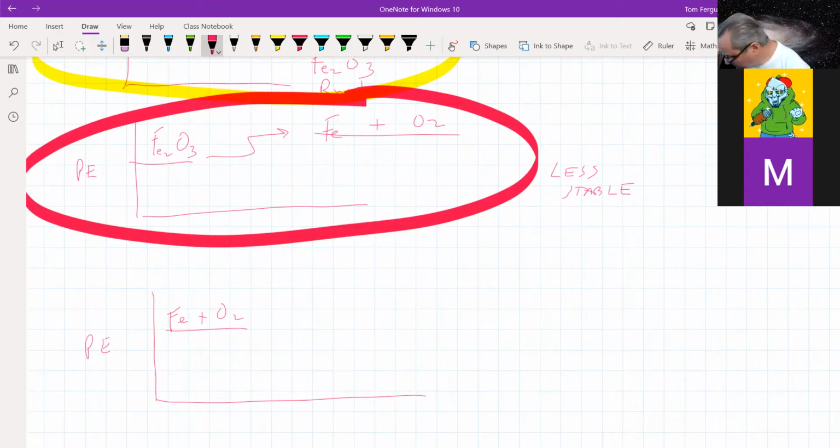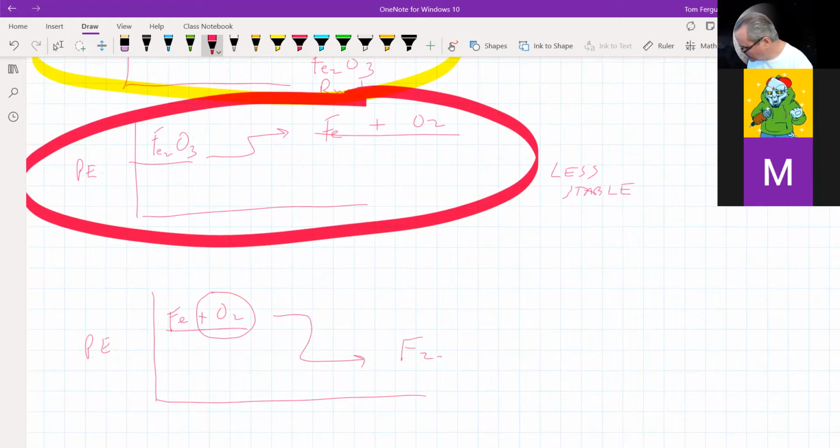So if we can remove that, that's what prevents that from happening. Yeah, so how do you prevent the oxygen from reaching it?